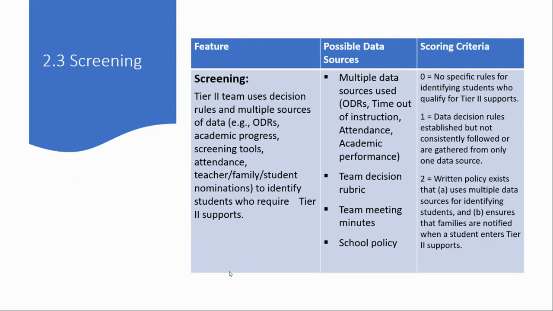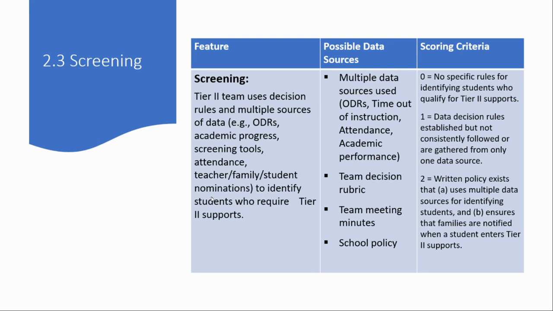So 2.3 is going to look at screening. It says tier 2 teams use decision rules and multiple sources of data, i.e. the office discipline referrals, academic progress, those universal screening tools, attendance, teacher, family, or student nominations to identify students who require tier 2 supports.